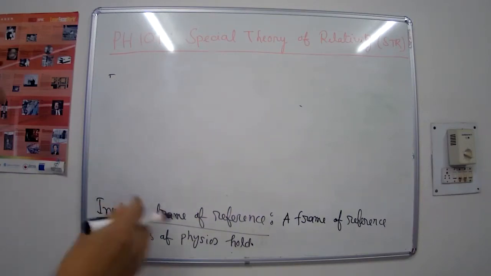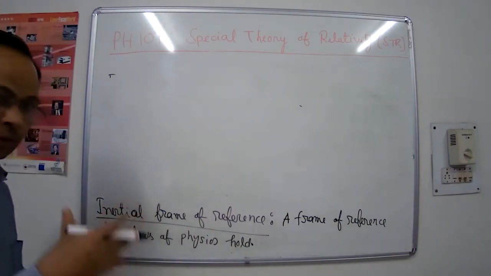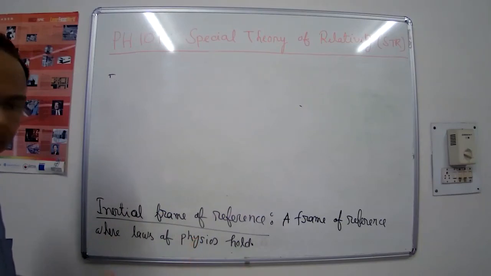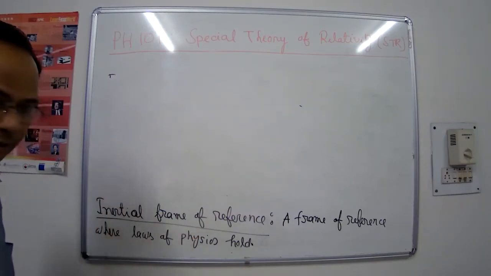But additionally, if there is another frame of reference which is moving with a constant speed relative to an inertial frame, then the second frame will also be an inertial frame.